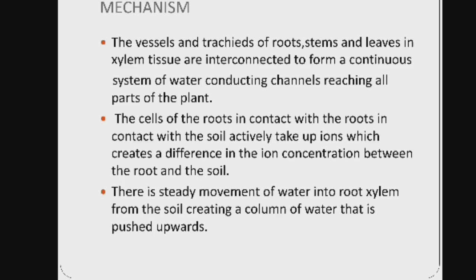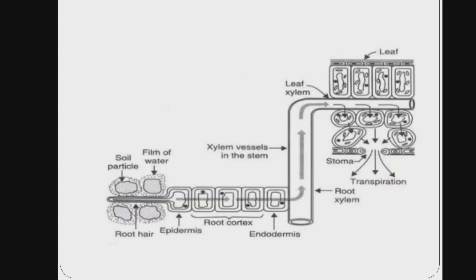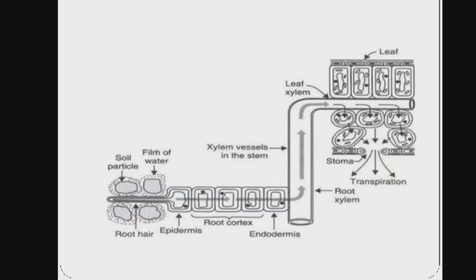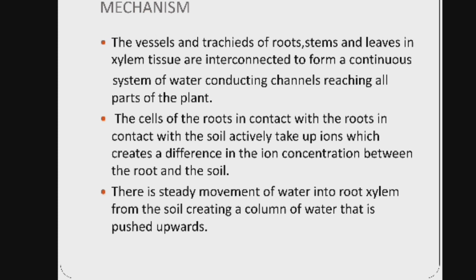Next, there is steady movement of water into the root xylem from the soil, creating a column of water that is pushed upward. You can see here in the diagram the steady movement of water in the root xylem upward.